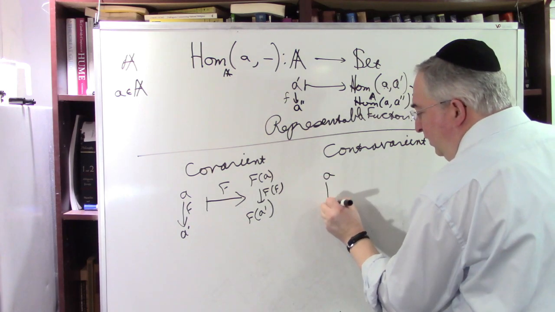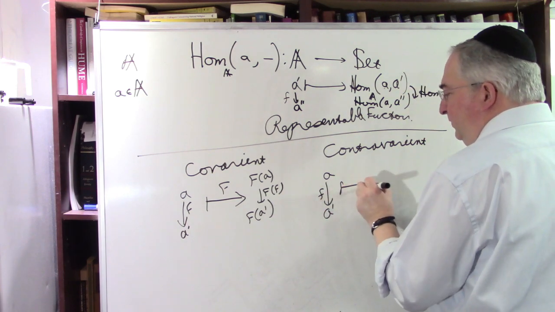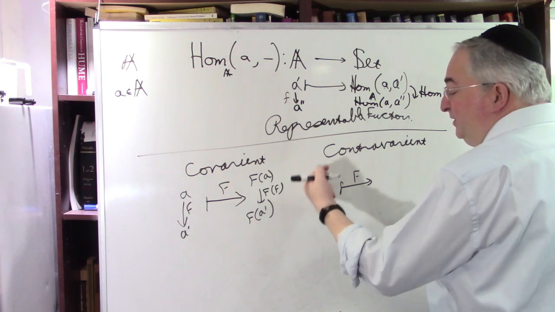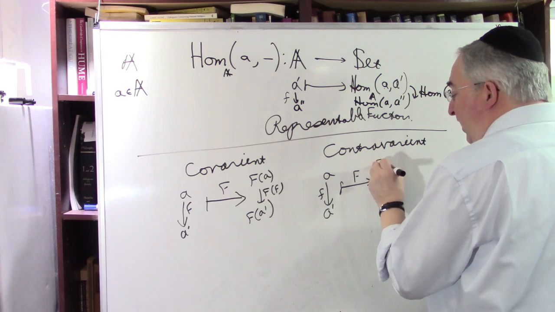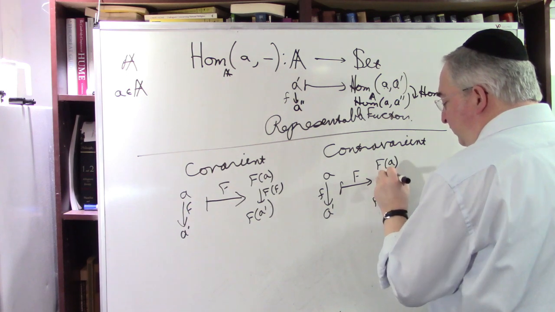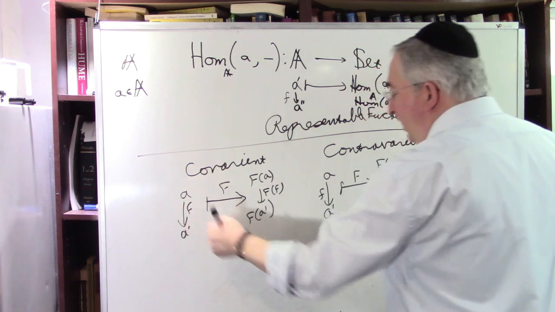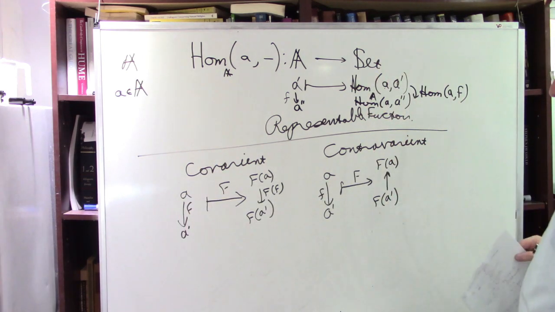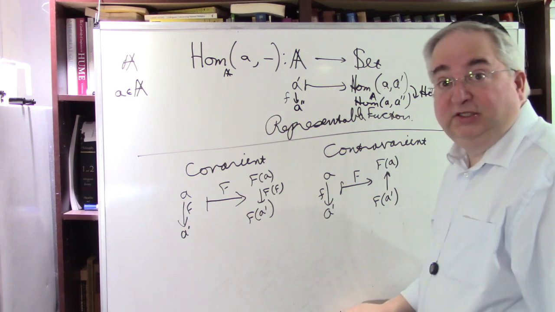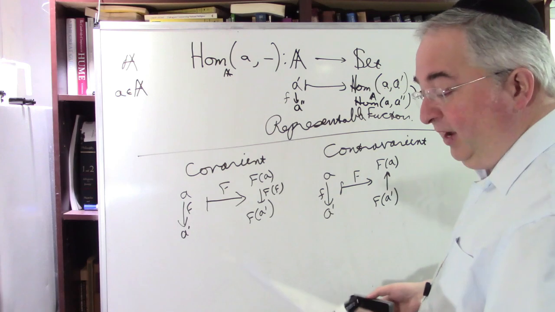Not much more interesting, it's the same thing, but slightly different. Okay, so this is F. Now, a contravariant functor is going to take it, ready, the opposite way. So it's going to go from F of A prime, it's going to go this way. It's going to go contra, against the variance. So this goes from A to A prime, this goes from A prime to A. Okay? You immediately say, hell, I need an example of that. That's different. All the examples we saw are always going following the arrows, but now we have something different.